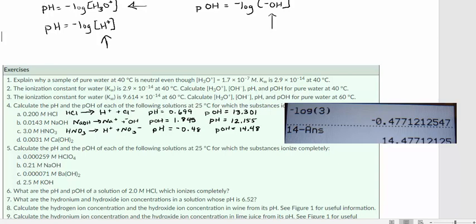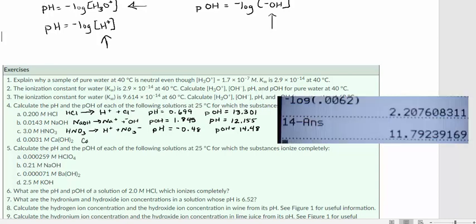Now for D, I have calcium hydroxide. Now the calcium hydroxide, you need to be careful with this one because that will dissociate into calcium and 2 hydroxides. So because we have a 2 for our stoichiometric ratio here, you can use a little bit of dimensional analysis.